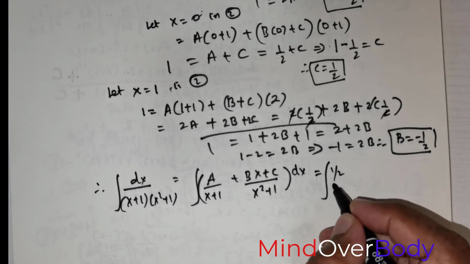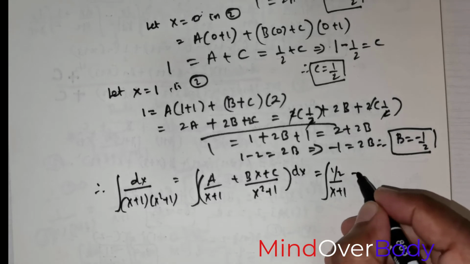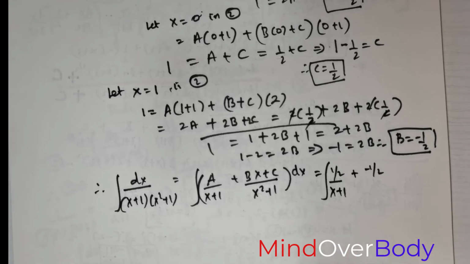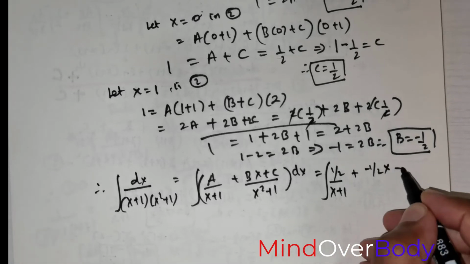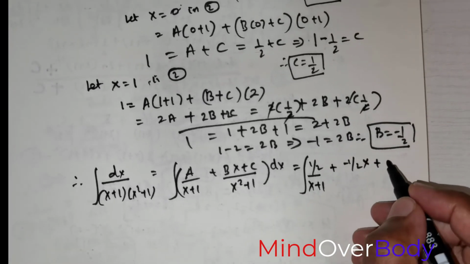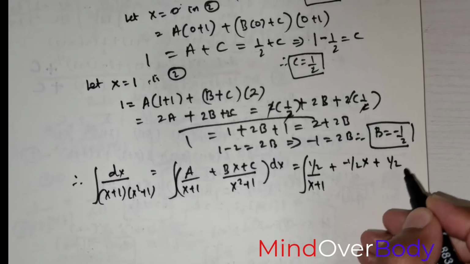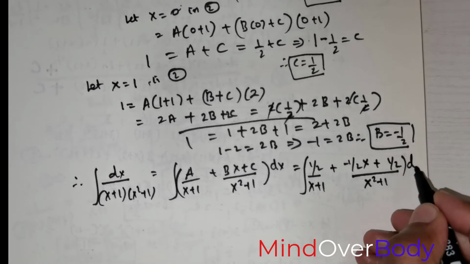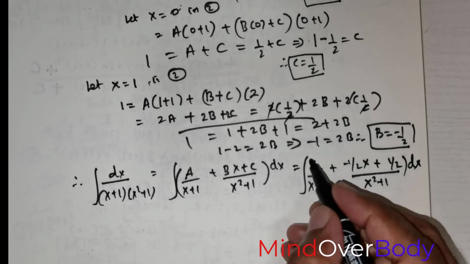The value of a is 1 over 2, place that. The value of b is negative 1 over 2 times x. The value of c is 1 over 2, so place that. This has to be divided by x squared positive 1 and you have the operator dx there.